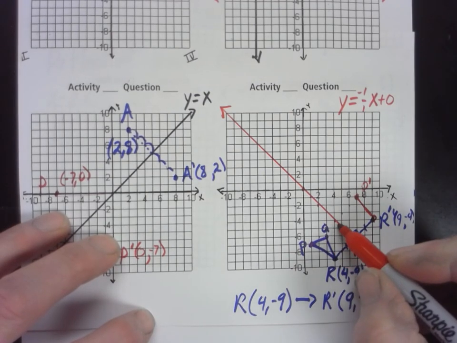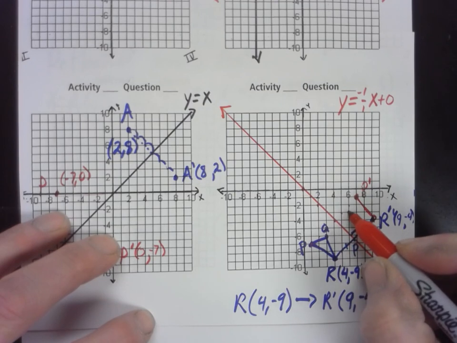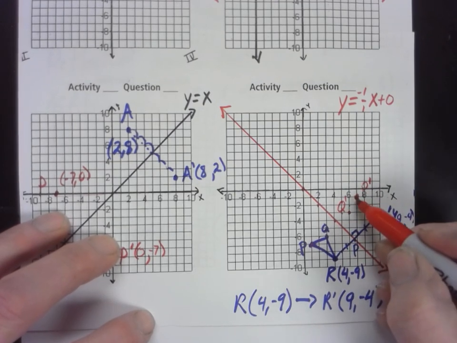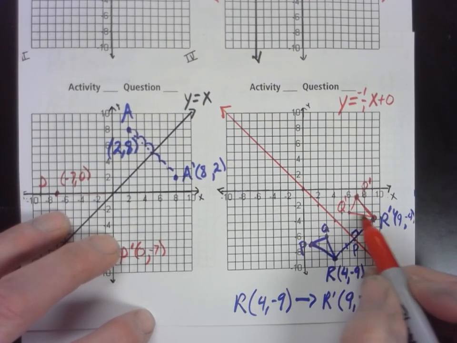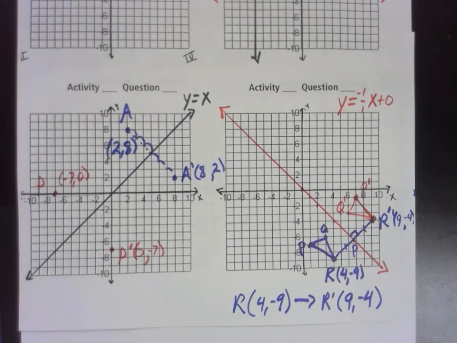So 1.5 diagonals, a half, 1 diagonal. So here's Q prime. Notice our two triangles? Congruent? It's a congruent transformation, just like a translation is. So it's a rigid motion or a congruent transformation.